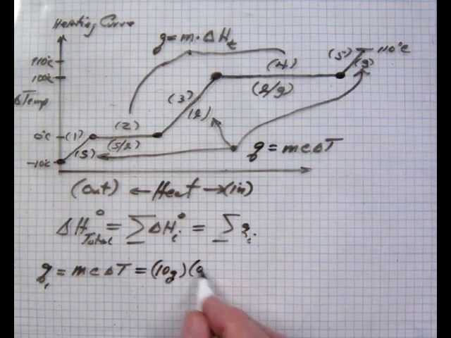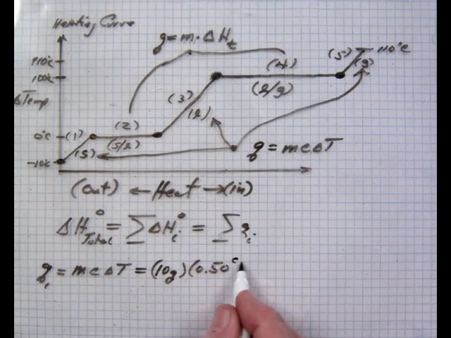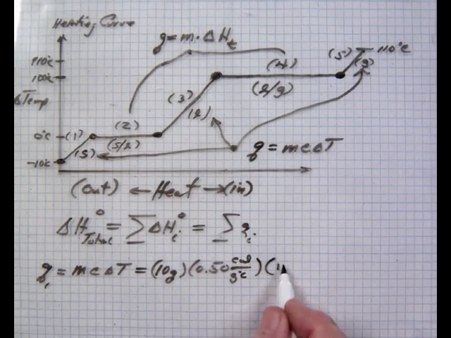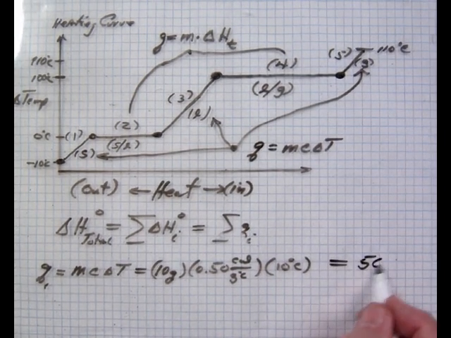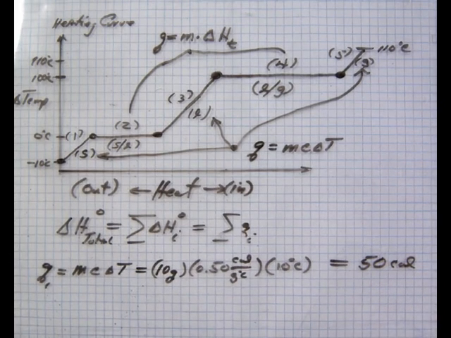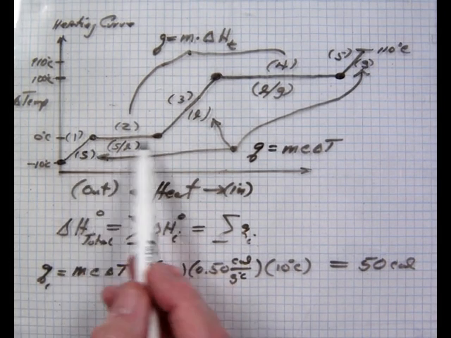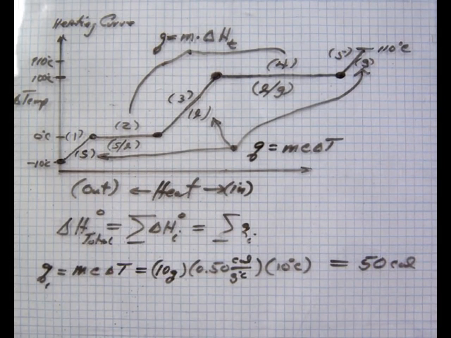The specific heat is 0.50 calories per gram degree Celsius, and we're warming a change of temperature of 10 degrees. Okay, so that gives us 50 calories needed to raise the temperature of that 10 grams of ice. Everybody okay on that?